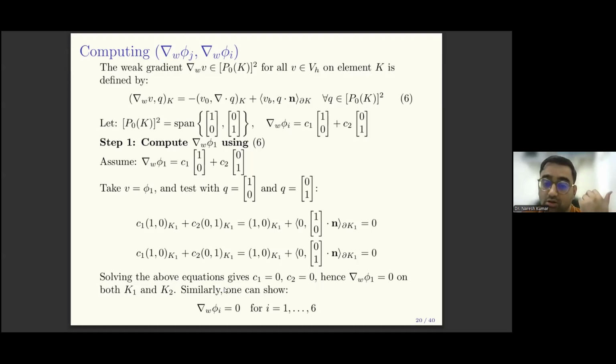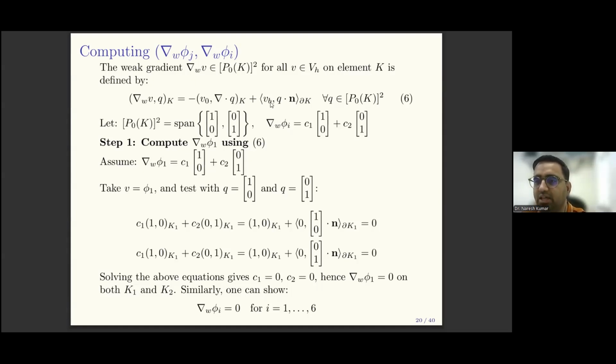Similarly, if you apply these ideas for phi 1, phi 2, phi 3, phi 4, up to phi 6, you will get the same answer, 0, due to the divergence of q being 0.